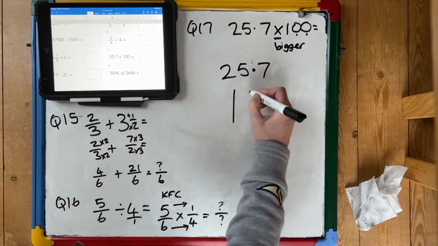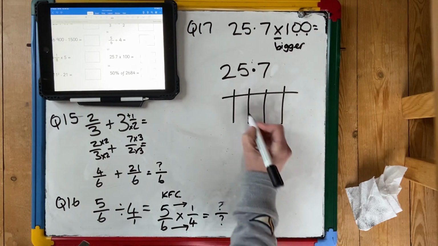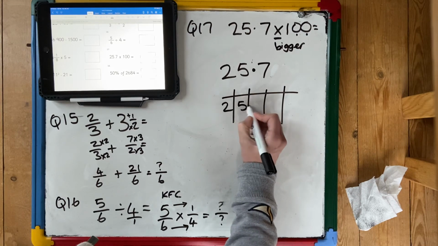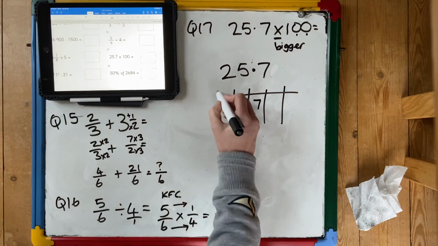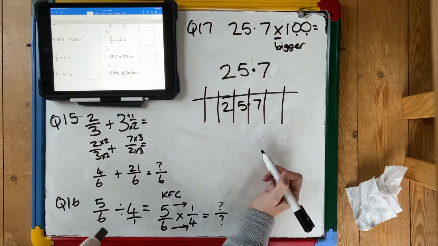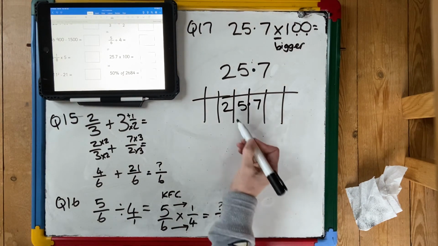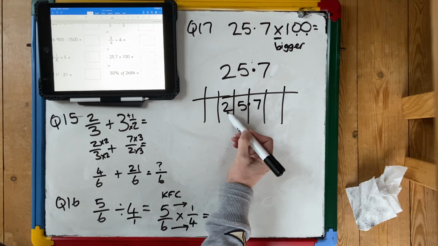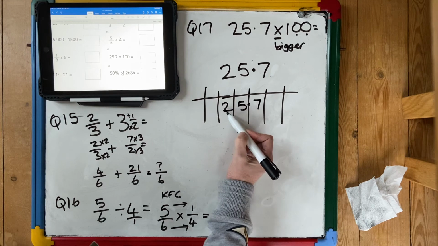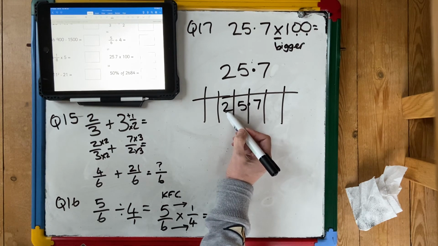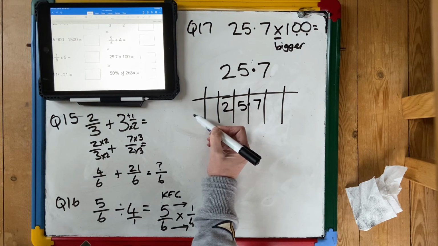Or you might prefer to draw your place value grid. So you've got 25.7, and you're going to make the number 100 times bigger by moving the digits. So I'm going to be moving the digits this way, because at the moment that 2 is in the tens column, but to make it bigger, I need to move it into the hundreds and the thousands column.